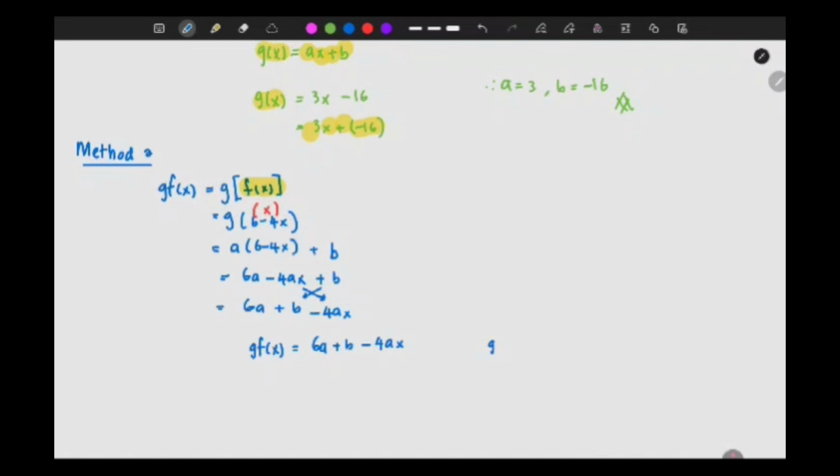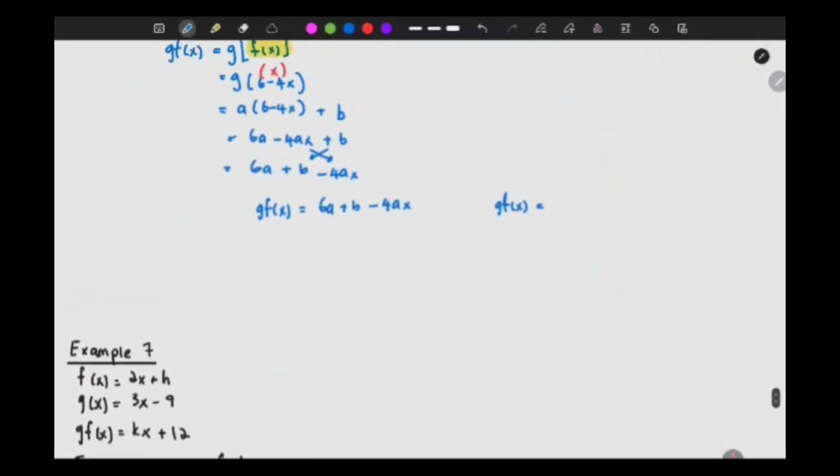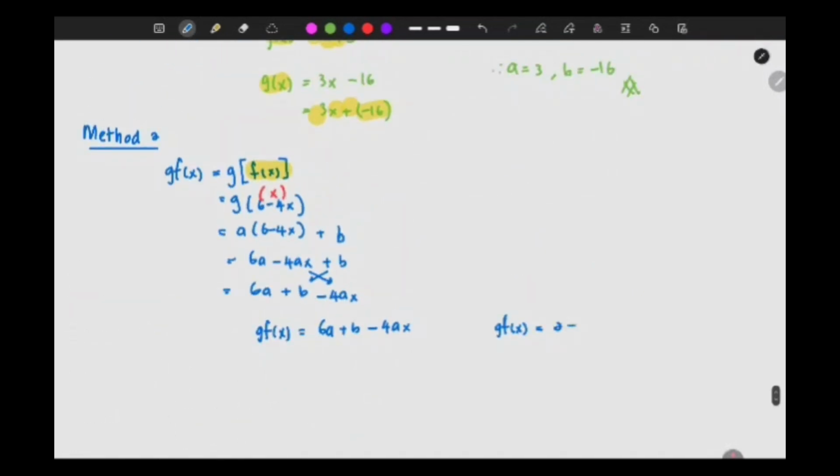So let's compare apple to apple. Your g(f(x)) same. Your x at the corner same. That means the one in front should be the same as this, isn't it?